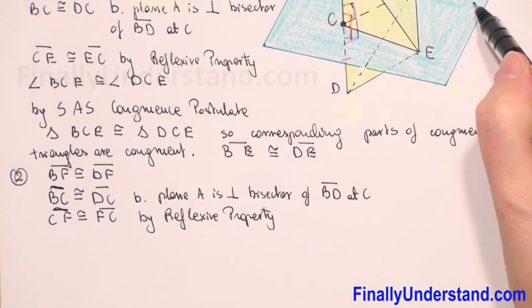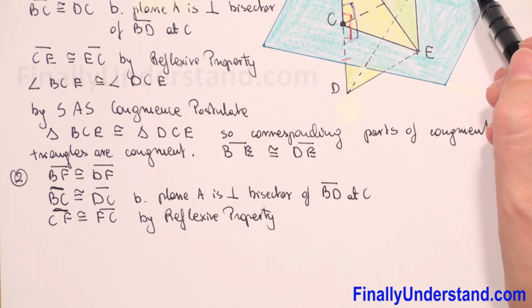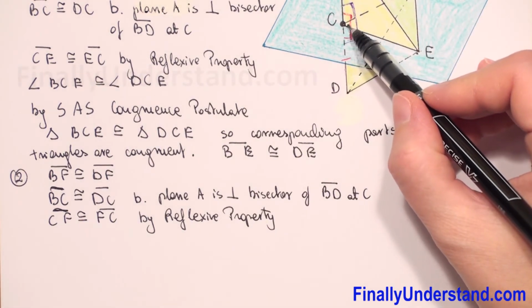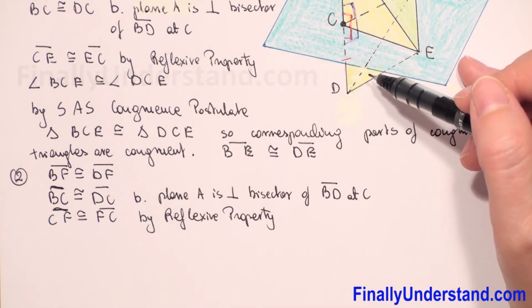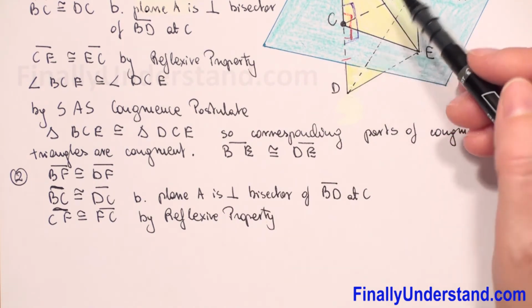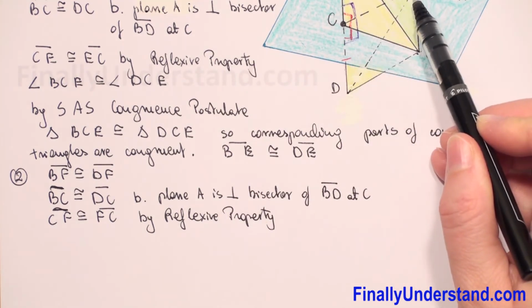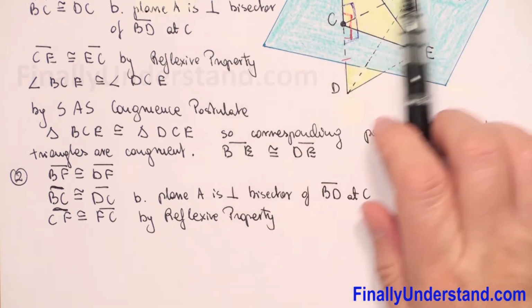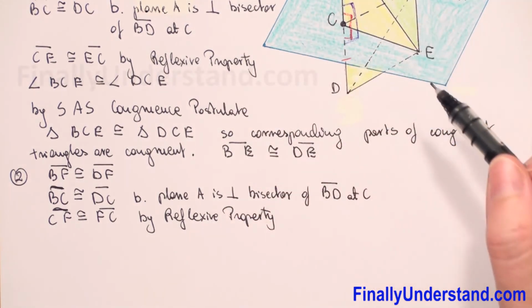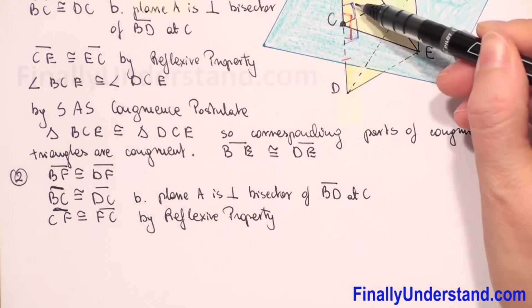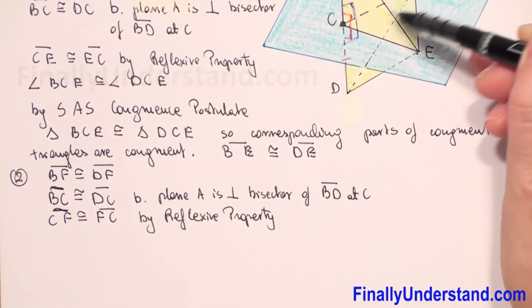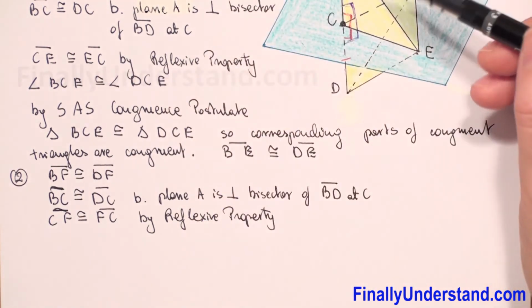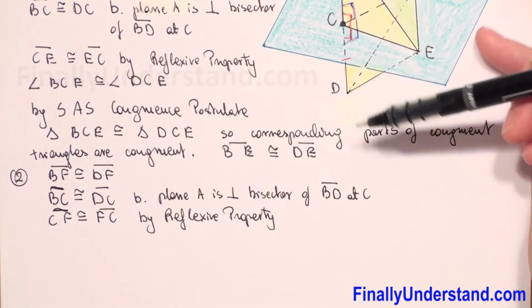Because plane A is the perpendicular bisector, at point C segment BC is perpendicular to plane A, and CF is the segment which lies on plane A. So angle BCF is a right angle, and angle DCF is a right angle because plane A is perpendicular to BD.